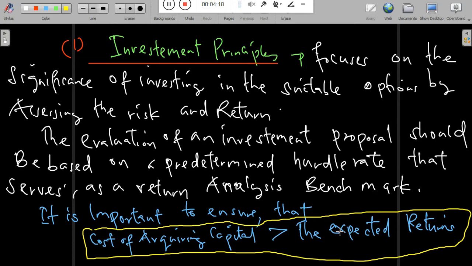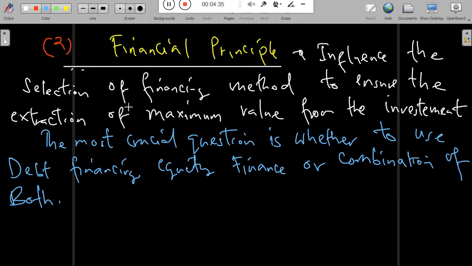So in the investment principle, we should analyze whether the cost of acquired capital is less than the expected return. We expect the expected returns to be greater than the cost of capital.